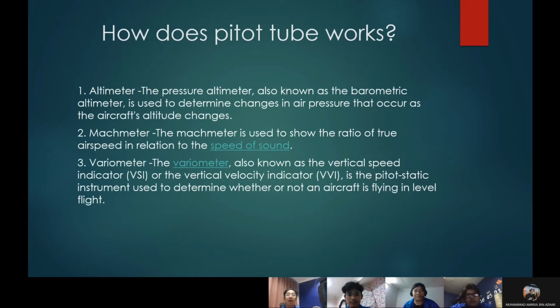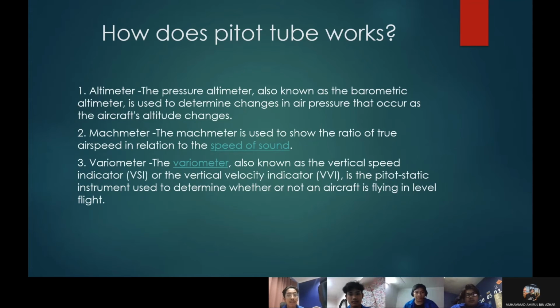Okay, so how does the Pitot tube work? So on the Pitot tube we have the altimeter, the pressure altimeter, also known as the barometric altimeter. It is used to determine changes in air pressure that occurs as the aircraft's altitude changes. The next one is the Mach meter.